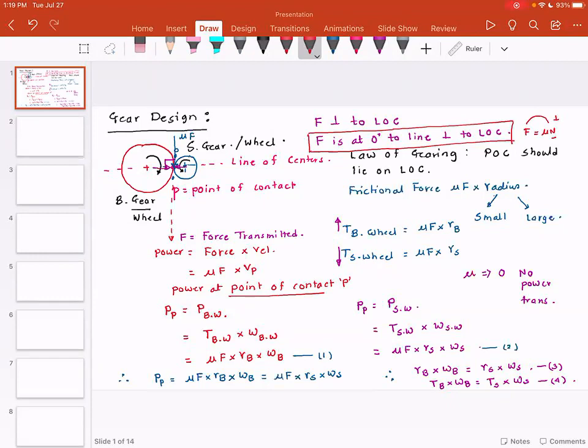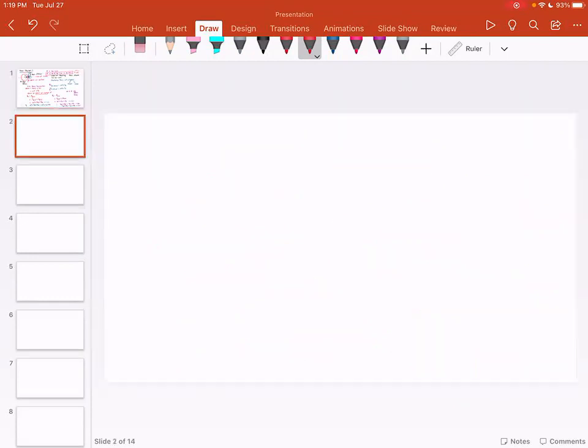Now what I would like to do is take the dependence on friction out. So I'm going to create a profile. Instead of having a circular wheel, I would actually try to cut some teeth. But I cannot cut teeth randomly, because then they will not engage and disengage smoothly. So let me talk about smooth engagement.